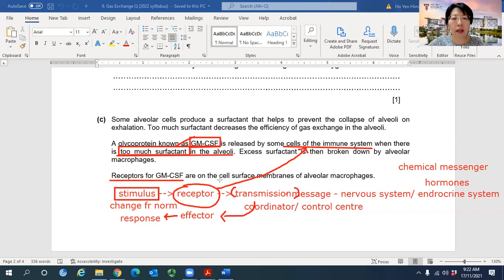So these receptors are found on the cell surface membrane of alveolar macrophage. So that means the target cell is alveolar macrophage. So this is the target cell of the messenger, because the target cell has got receptor for this messenger.